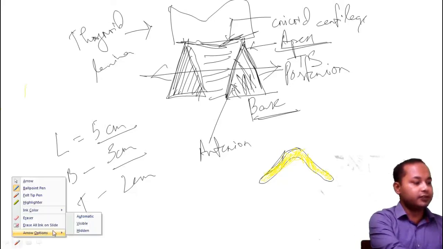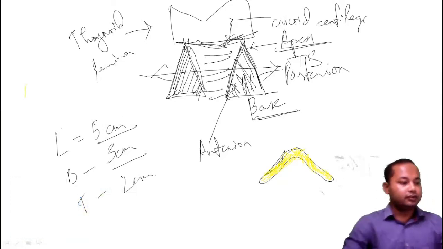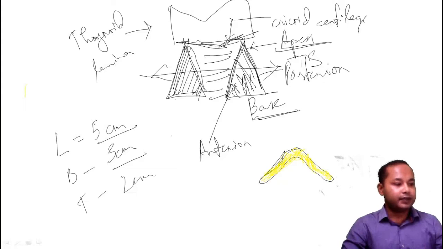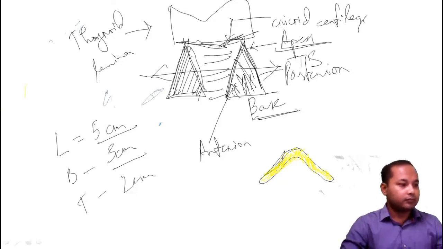I will use a blue ink. Just behind the thyroid cartilage, you will find the formation of the tracheal rings. This is the formation of the trachea, just below and behind the thyroid lamina.